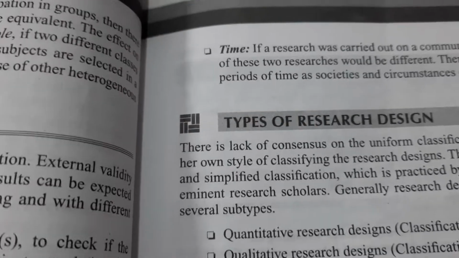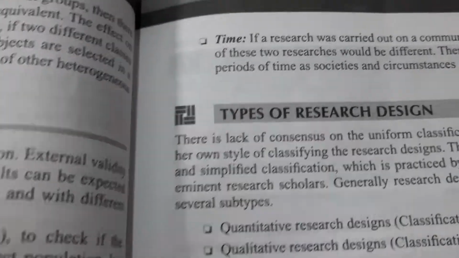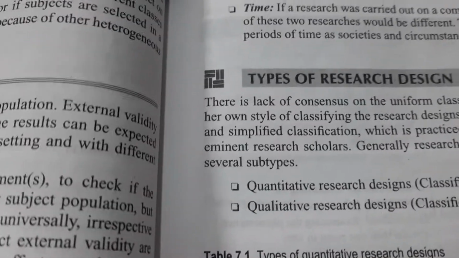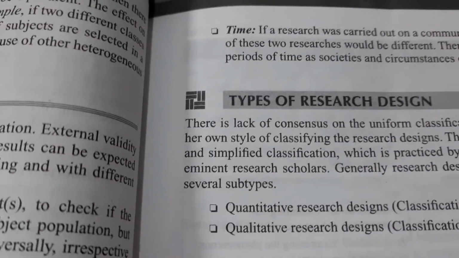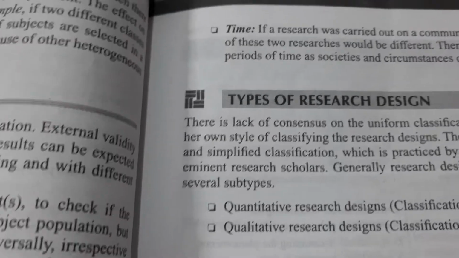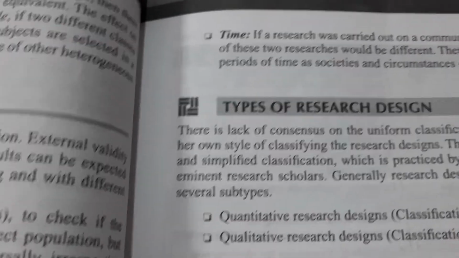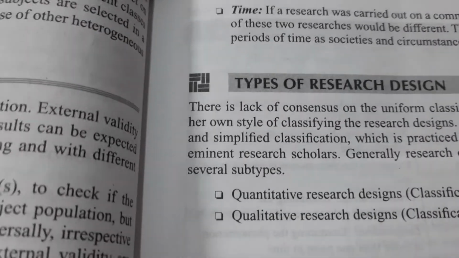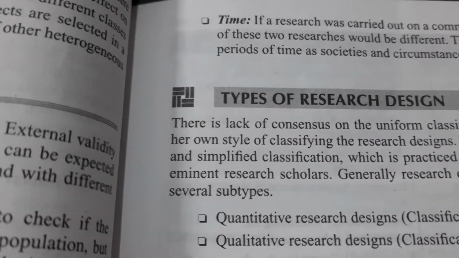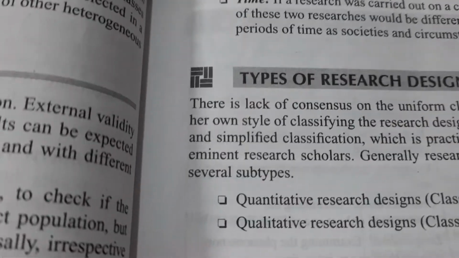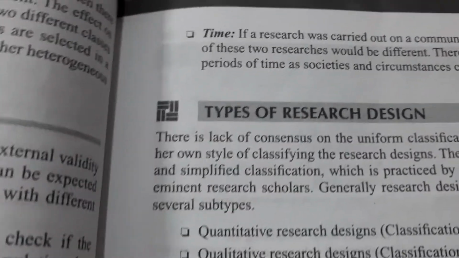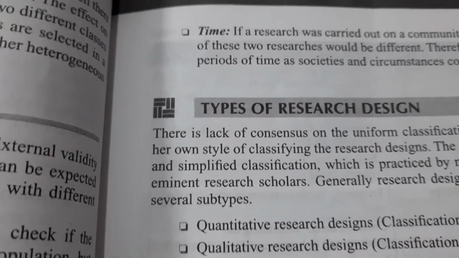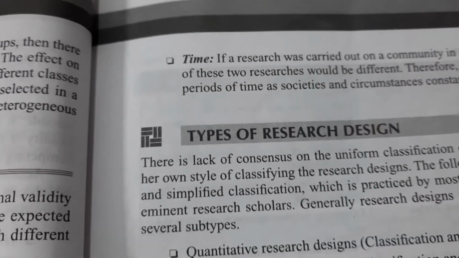Then 5 years later, in 1995, they conducted the same study again. We cannot expect the 1990 results to be the same in 1995. The results will vary, because the timings are different. We cannot expect the same results in different years. That is called time.